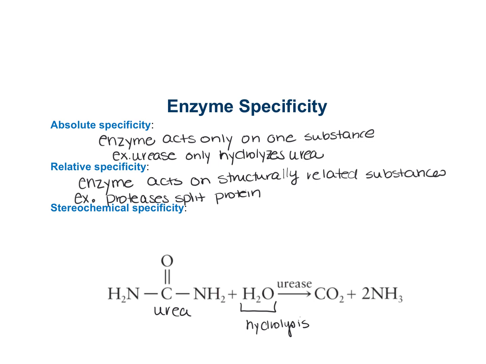Then you can also get some stereochemical specificity, and that is where an enzyme has the ability to distinguish between stereoisomers. So, for example, you can have D-amino acid oxidases that will not catalyze the reactions of L-amino acids. So, stereochemical specificity is when the enzyme has the ability to distinguish between stereoisomers.